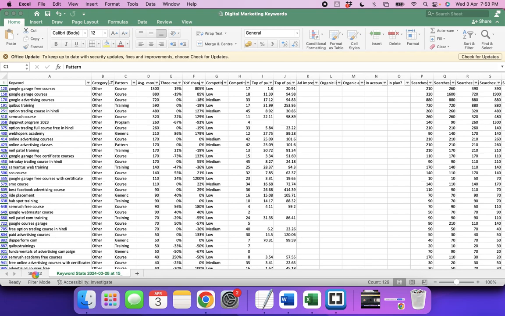Okay, so here, let's see, has very good search volume. Whichever we are seeing here, all of them have very good search volume. Okay, so let's copy them.